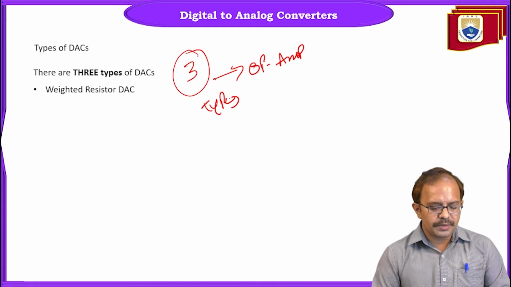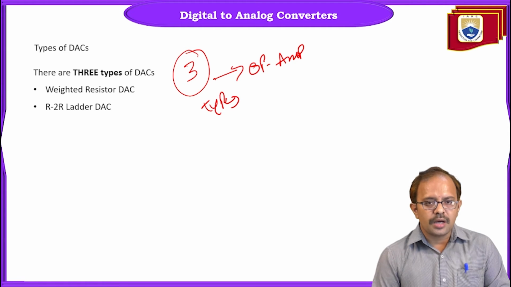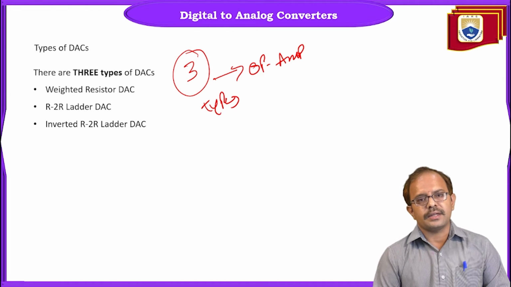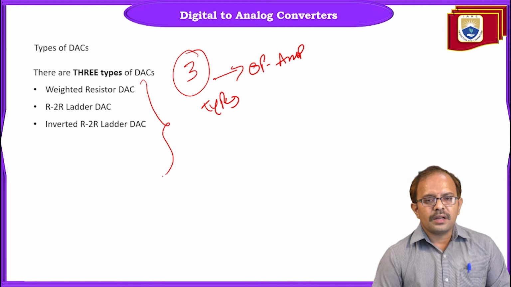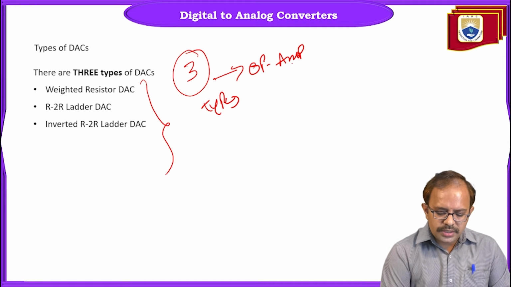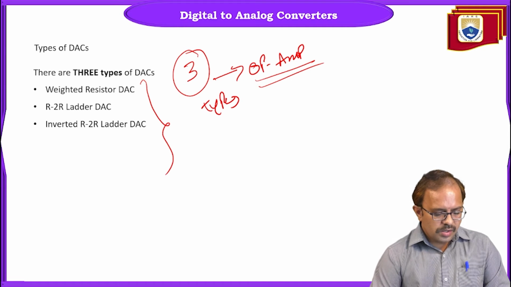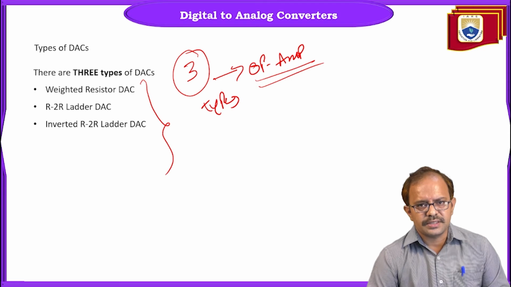The first one is the weighted resistor type DAC, the second one is the R2R ladder DAC, and the third one is the inverted R2R ladder DAC. So these are the 3 techniques available to perform digital to analog conversion using operational amplifier, right? Each method has its own advantages and disadvantages.